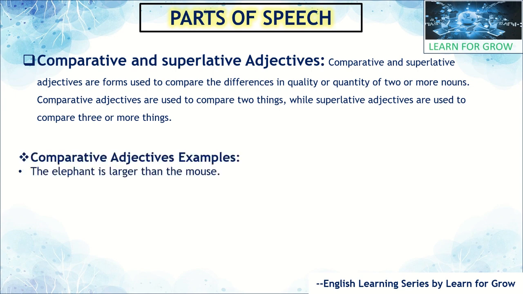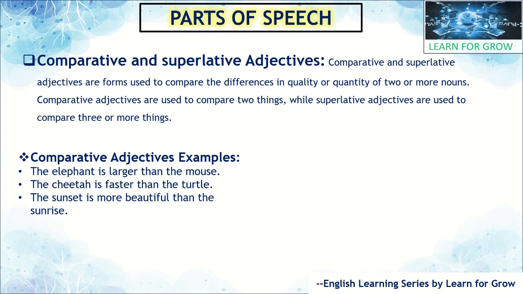See here an example. The elephant is larger than the mouse. Means it gives the comparison between two nouns. Right? The cheetah is faster than the turtle.